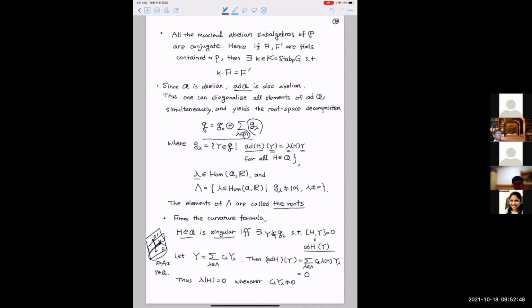So then you can write Y like this, because this vector is in here.